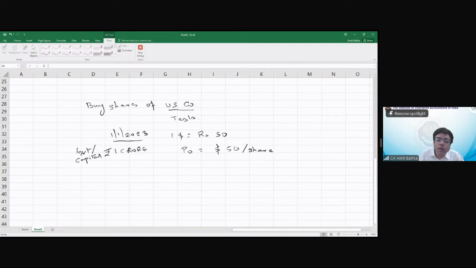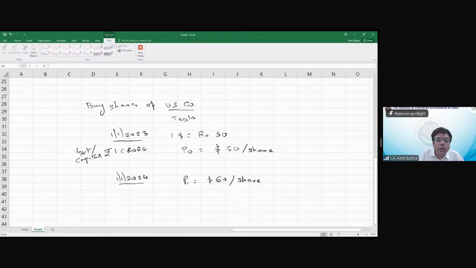Now, say 1 year down the line, on 1/1/2024, the price is, say, $60 per share. So a year down the line, the price of the share is $60 per share.